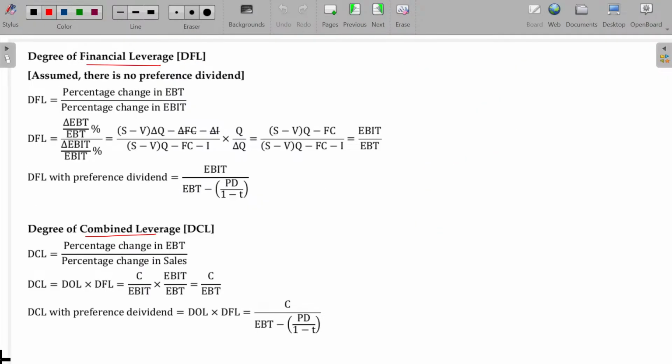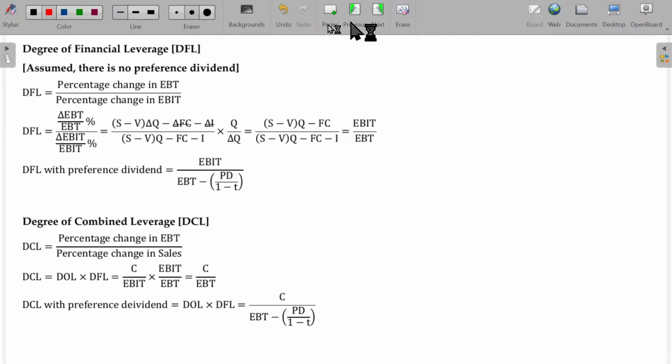The same way you can calculate for financial leverage also. For financial leverage, degree of financial leverage is equal to percentage change in EBT divided by percentage change in EBIT.